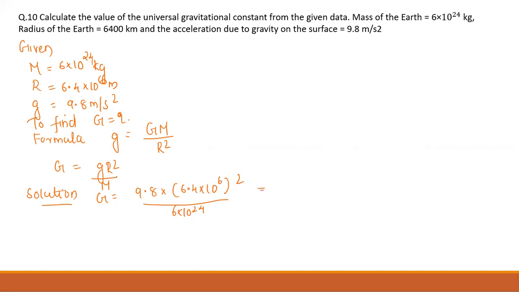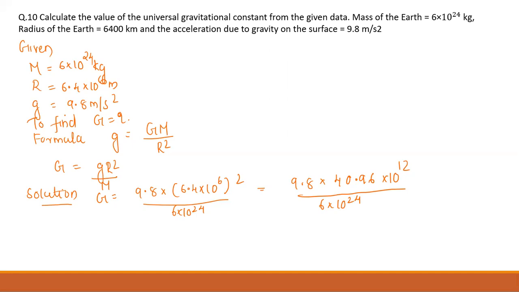That is equal to 9.8 into 6.4 into 6.4. That is equal to 40.96 into 10 raised to 6 the whole square, 6 twos are 12, upon 6 into 10 raised to 24. 24 when we take to numerator, 12 minus 24 is minus 12 will come.